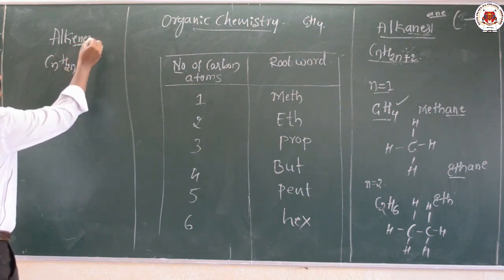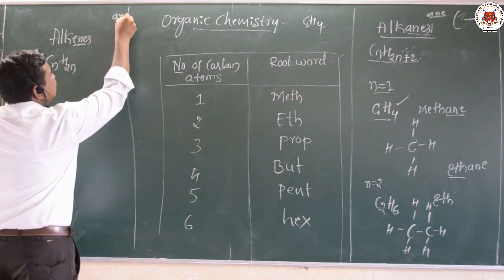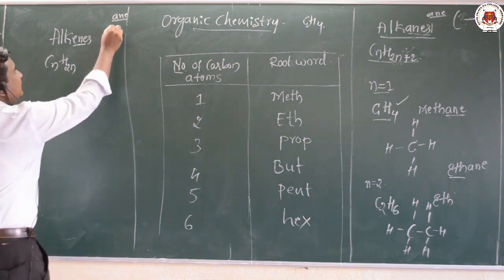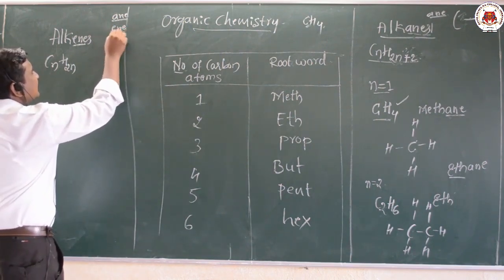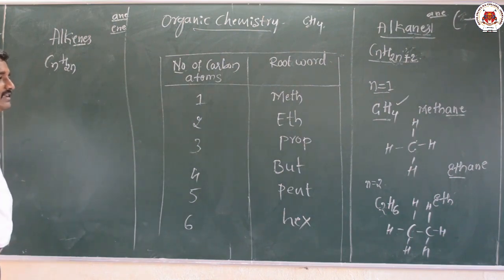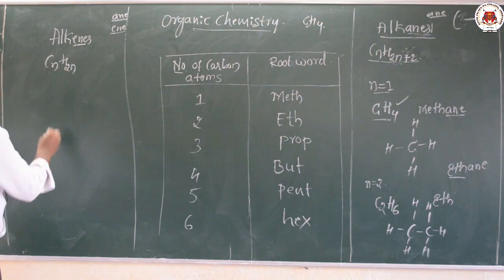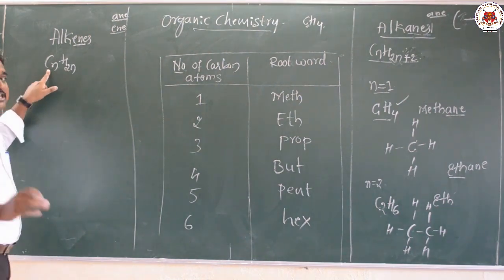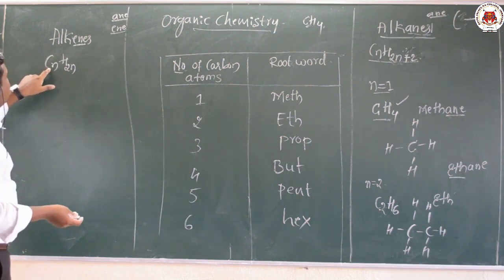ENE means what? As I told, ANE means the compounds containing only single bonds. ENE indicates the compound that contains a double bond in the given organic compound. So here the number of carbon atoms should start from 2, because there should be carbon double bonds.